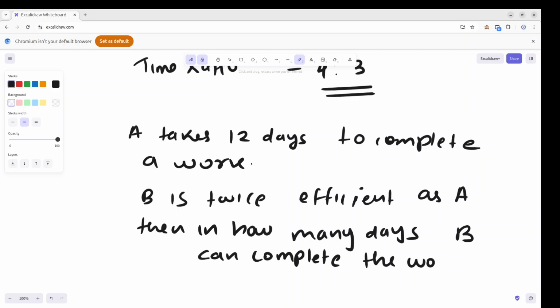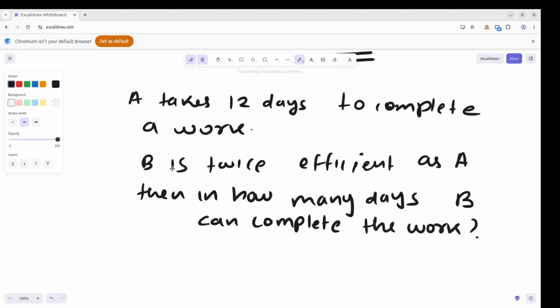So the question is: A takes 12 days to complete a work, B is twice as efficient as A. Then in how many days can B complete the work?